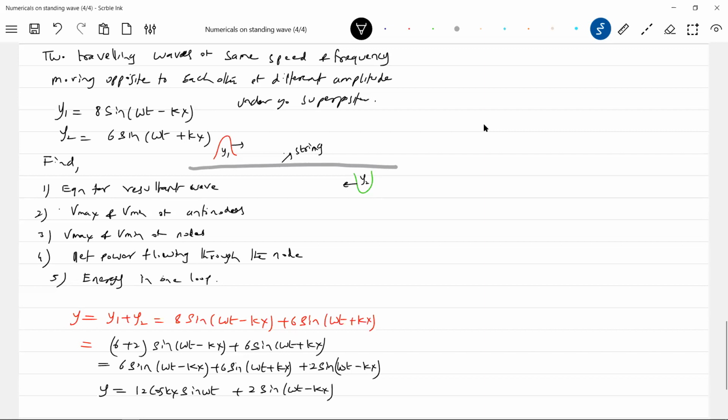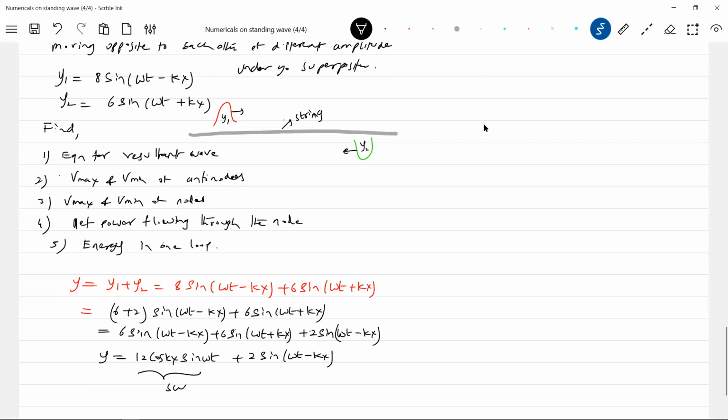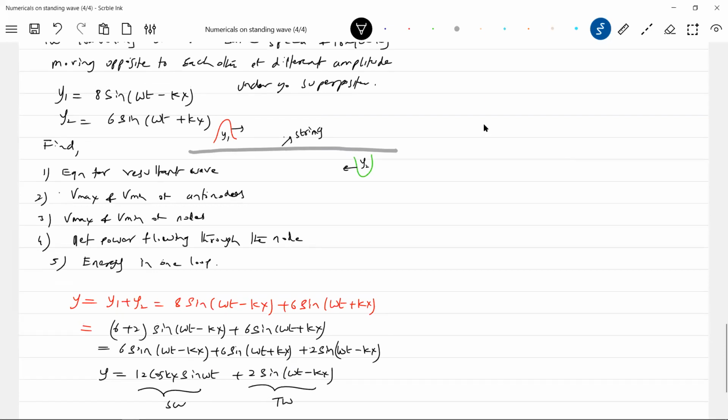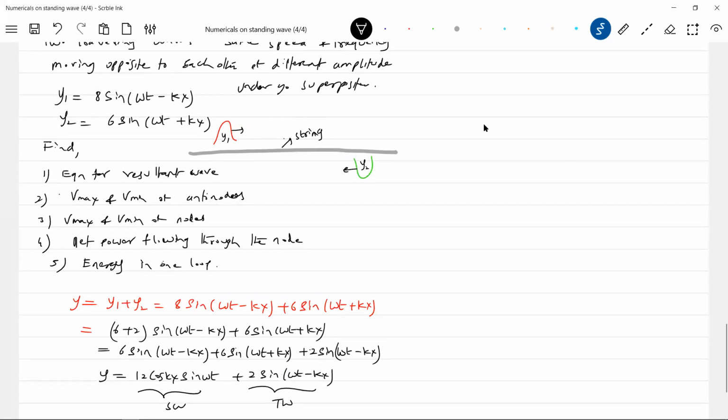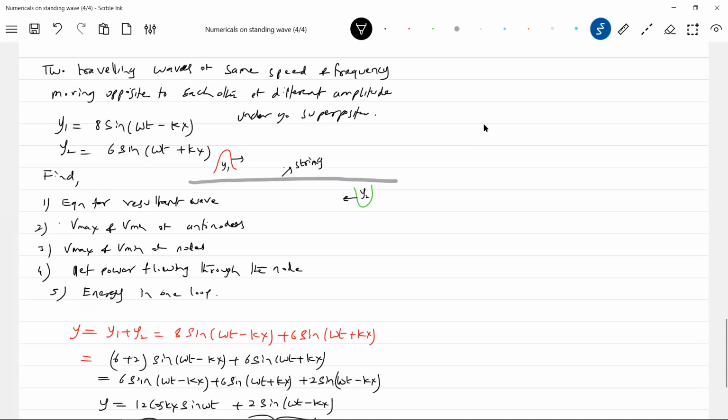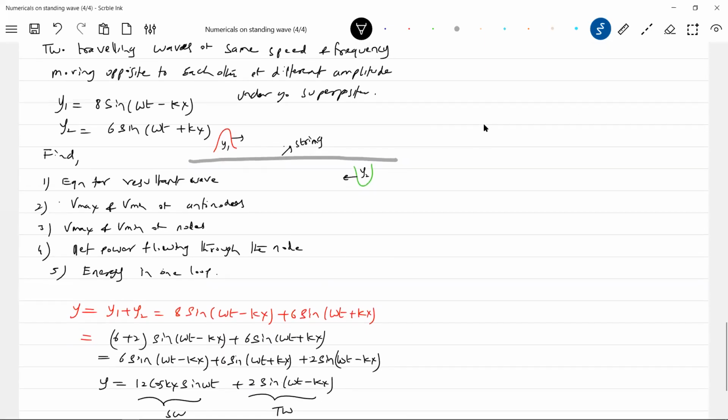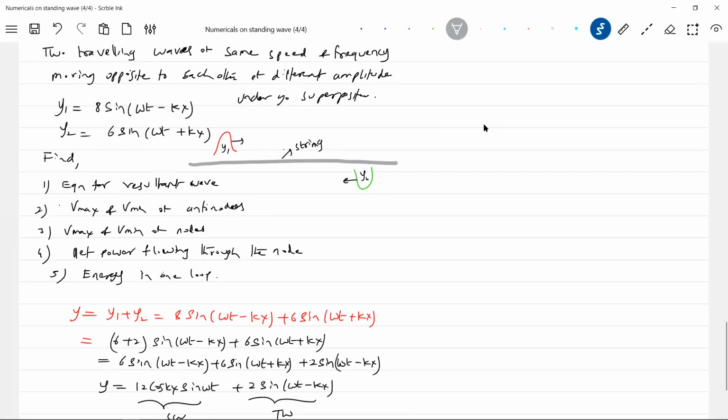Okay, what is this? This is a standing wave. And this is a traveling wave. Now in this region, we have both a standing wave as well as a traveling wave. So how will this string appear now? If you look at this string, for our convenience, the standing wave I'll show like this.